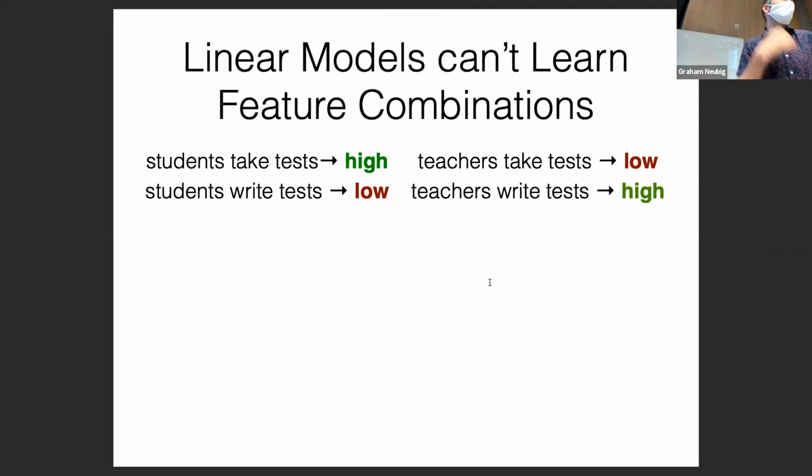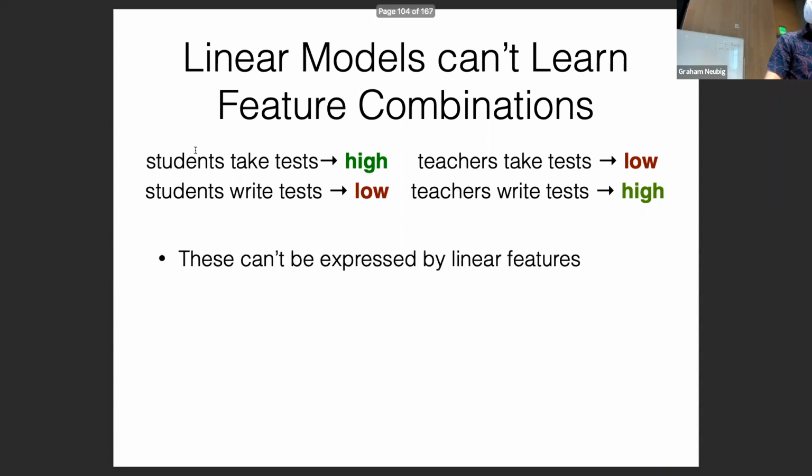Maybe all of these are probable sentences, but if you look at the comparative probability between them, the first one would be higher, the second one would be lower, the third one would be lower, the fourth one would be higher. If you look at the individual words and the position of the words, none of them on their own are indicative of whether the probability should be high or low.